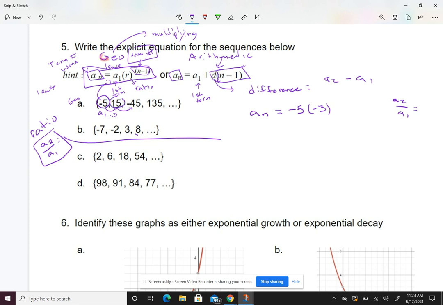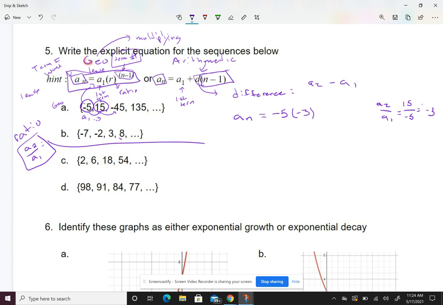A2 is the second term, so that's 15 divided by -5, which is -3. Boom. That's how I got R. And then all we're going to do is leave this as n minus 1. And that is my explicit formula for A.